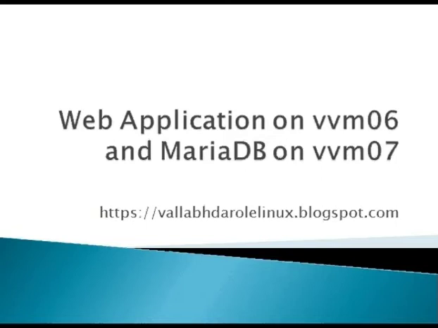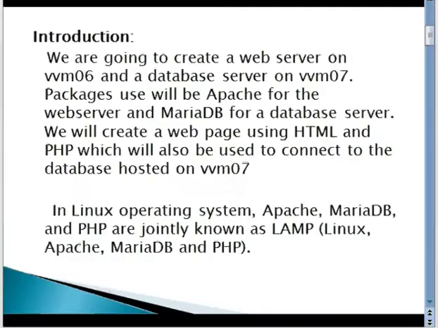So this is our project where we are going to install a web application on VVM06 and a database on VVM07, that will be a MariaDB database. Introduction to this project: we are going to create a web server on VVM06 and a database server on VVM07.